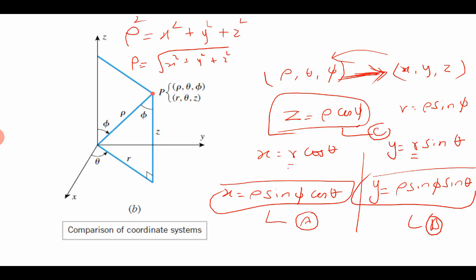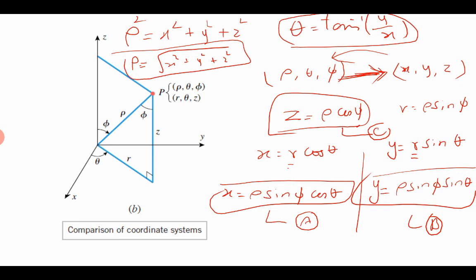The formula to find theta is very similar to that of the polar coordinate system: tan inverse y over x. This is one rule, which we can call equation a1. Call this b1, and we need to find a formula for phi from c.